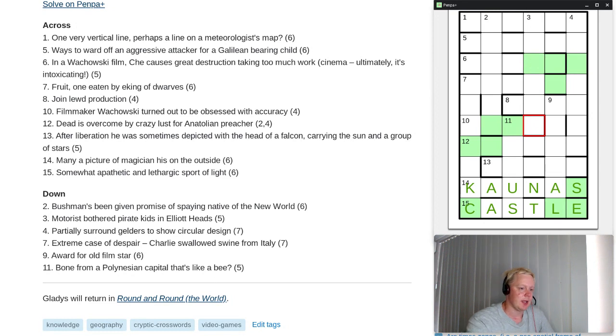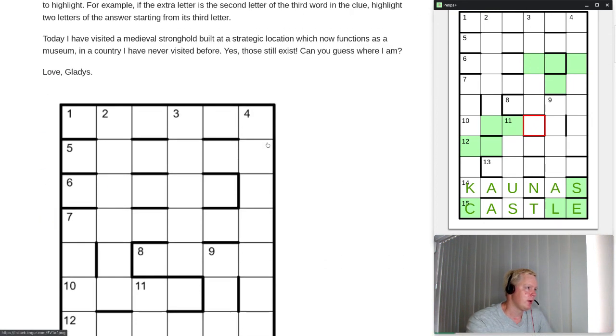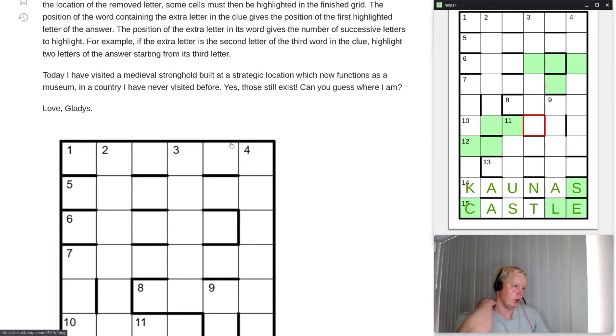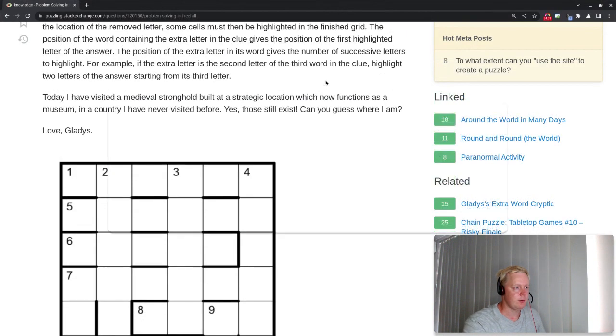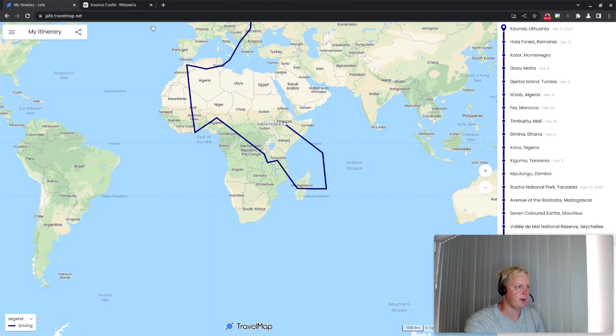That is our destination. And remember, we were looking for a medieval stronghold built at a strategic location, which now functions as a museum. And if we look up what Kaunas Castle is, I think where'd it go? There it is.